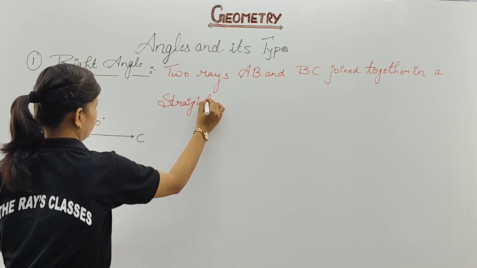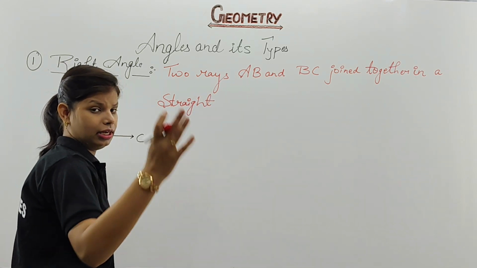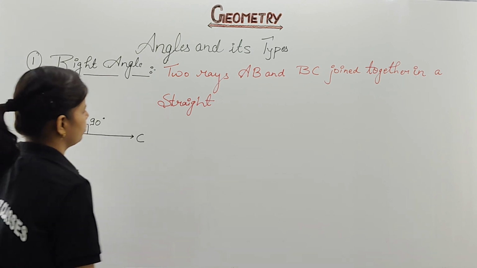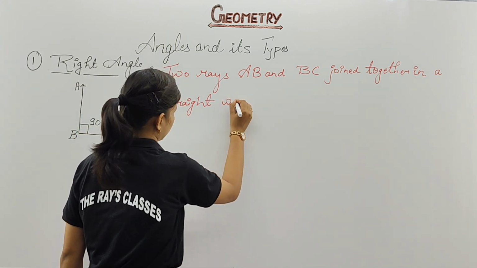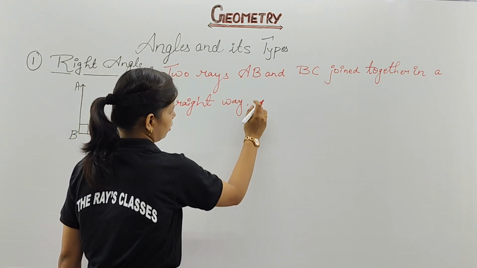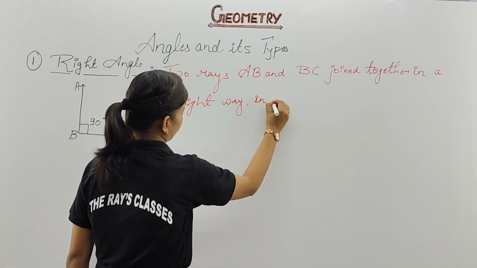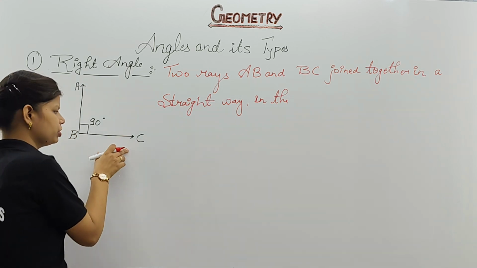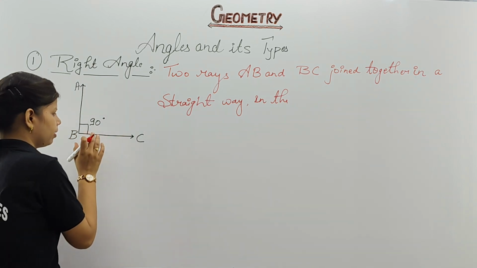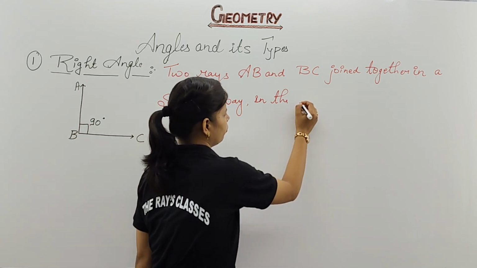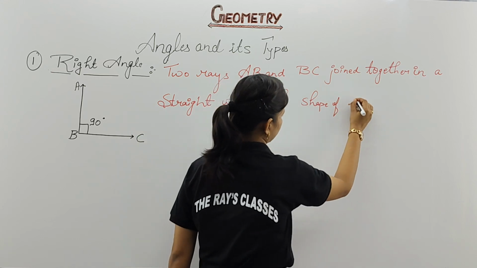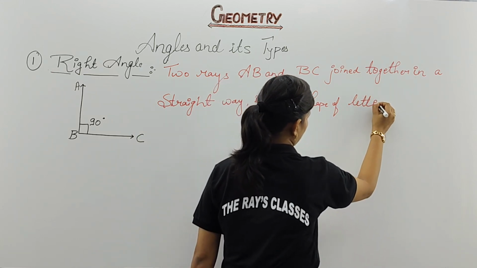Straight, you understand, there should not be any curve, like we have discussed in line. In a straight way, in the shape of, can you see which letter is forming here? This is which letter of your alphabet? Good, L. In the shape of letter L.